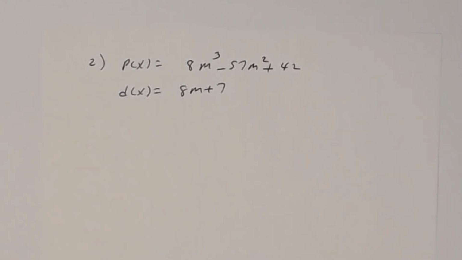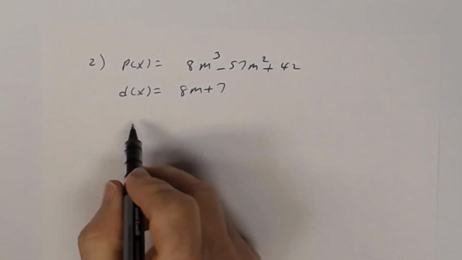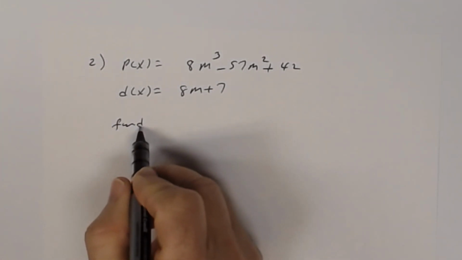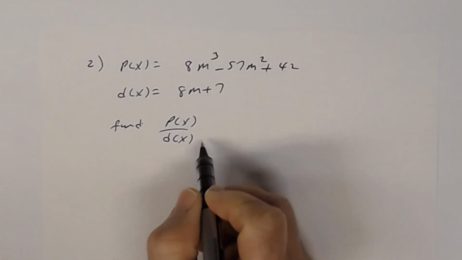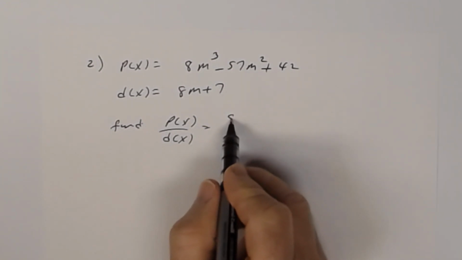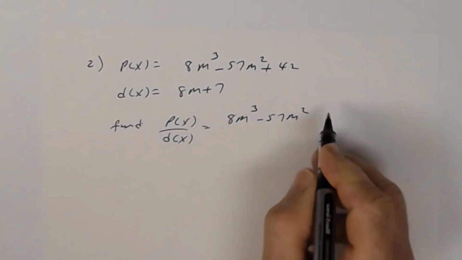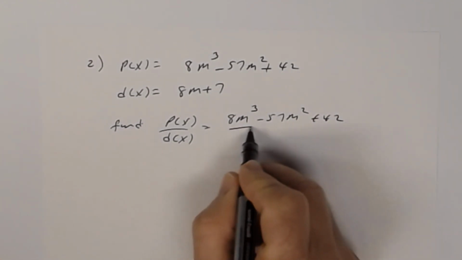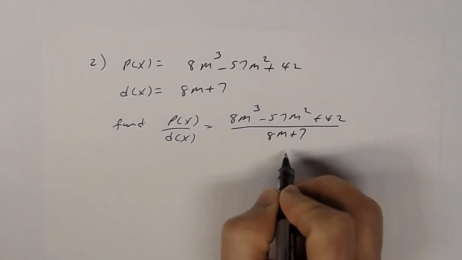So basically what you're doing is you want to find p of x divided by d of x. Your dividend is going to be the numerator, so that's 8m cubed minus 57m squared plus 42, divided by your divisor, which is 8m plus 7.